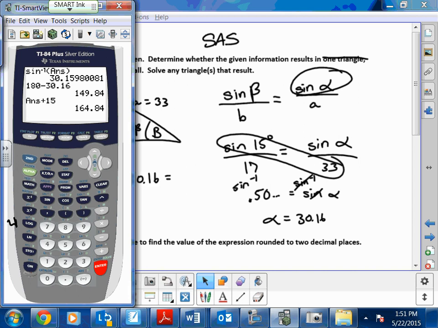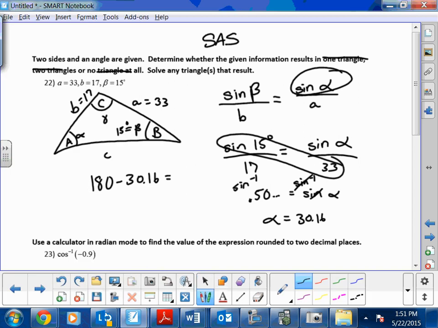So in essence, we have to check. When we check for the second triangle, what did I do first? I did this answer, which was 149.84. So let's check for the second triangle.